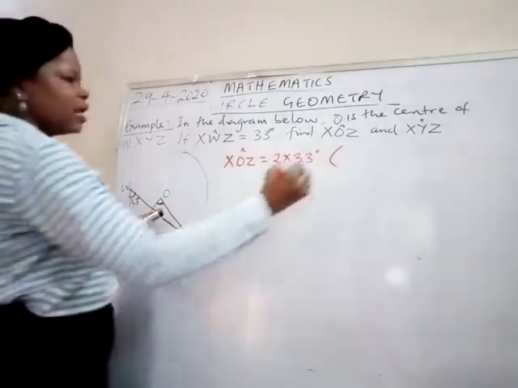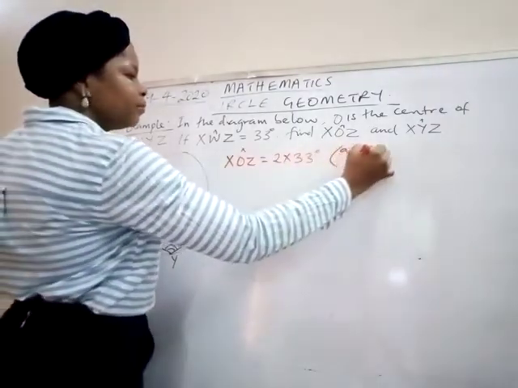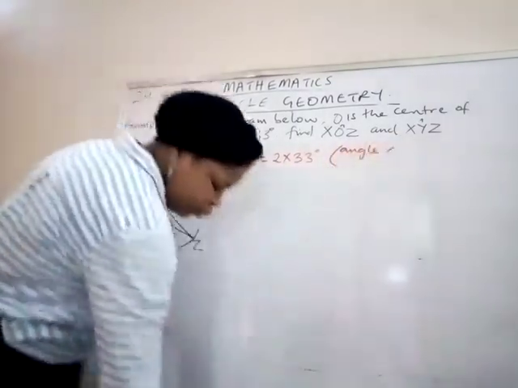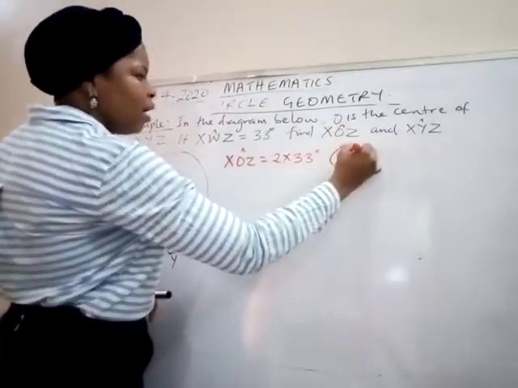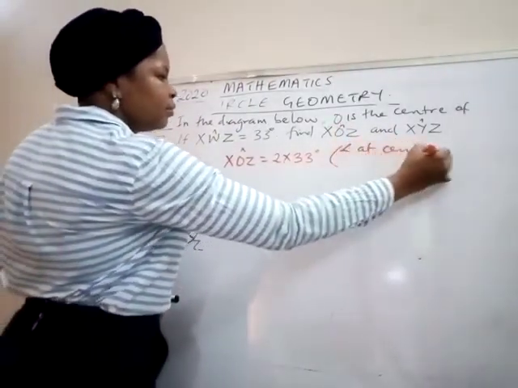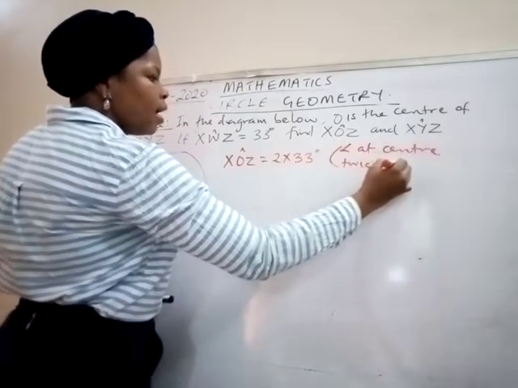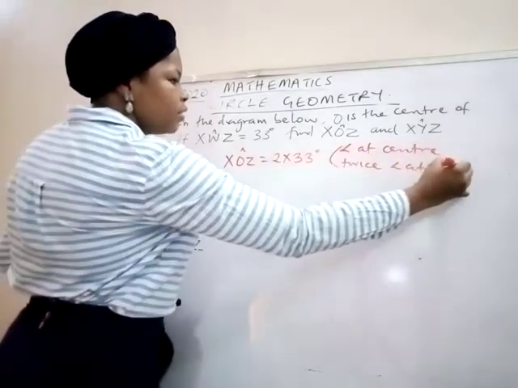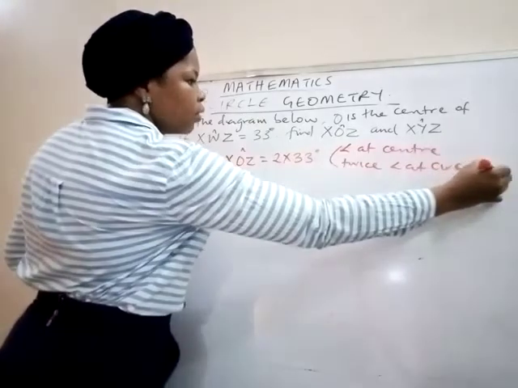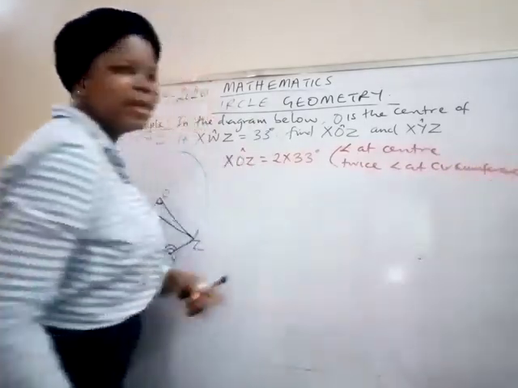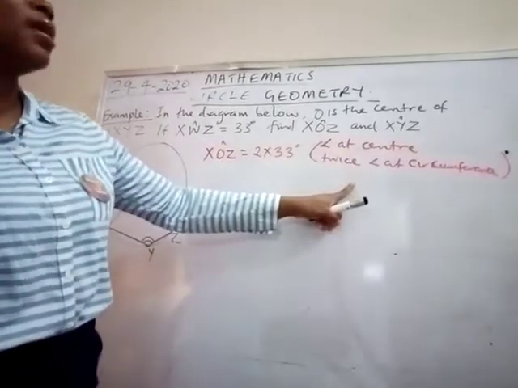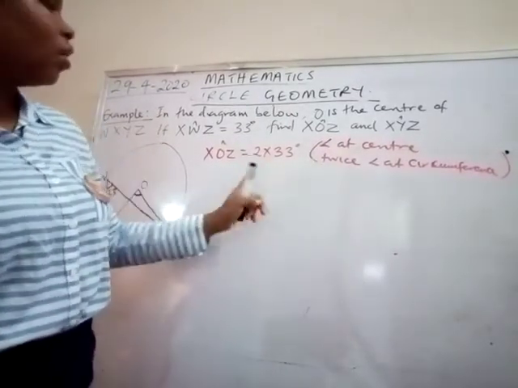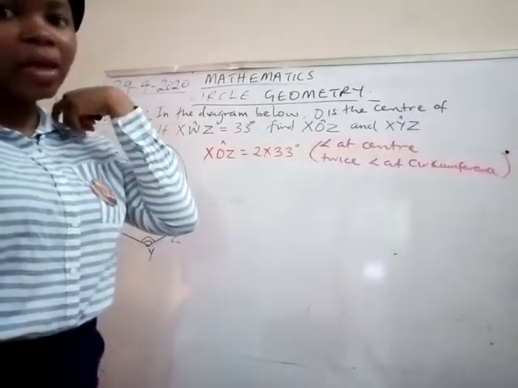So the reason is angle at center, or you can write it in short like this: angle at center twice angle at circumference of a circle. This reason is very, very important. Without this, you are not going to get a correct answer, a full mark.